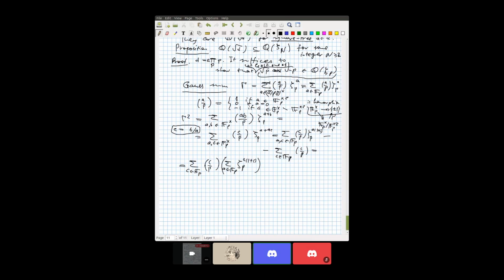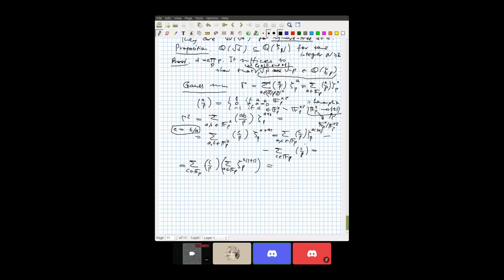This is 0 because there are the same amount of squares as non-squares. So we can forget this. Why is the sum 0?